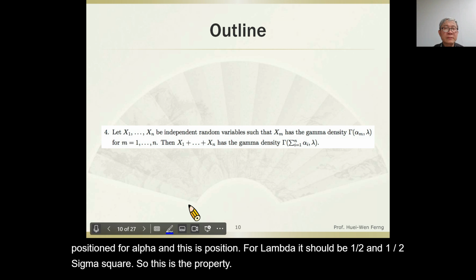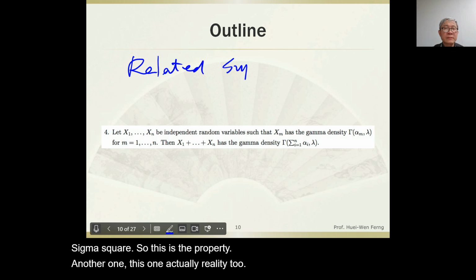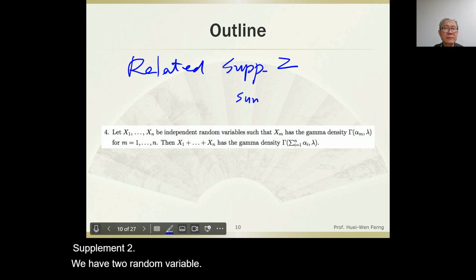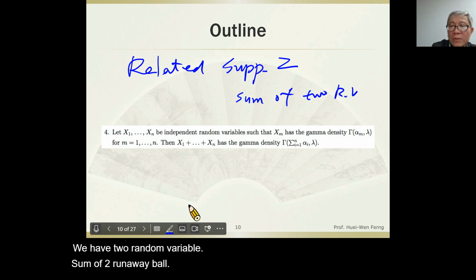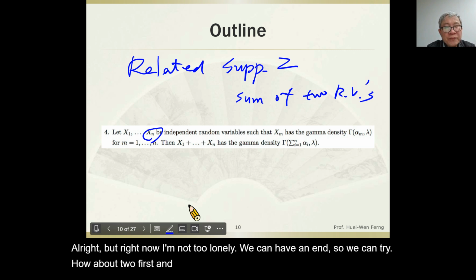And the next one actually relates to supplement 2. We have 2 random variables, the sum of 2 random variables. But right now not only 2, we can have n. So we can try 2 first, and then use the extension.